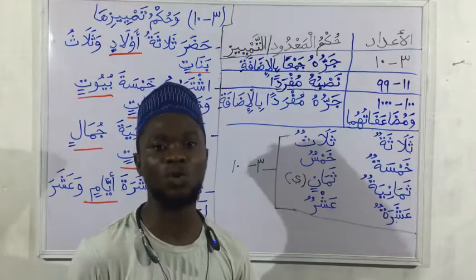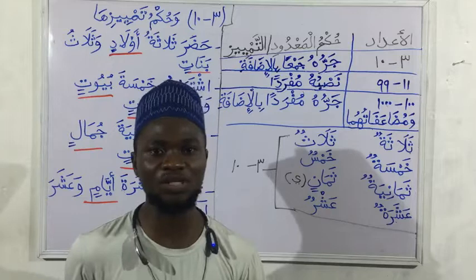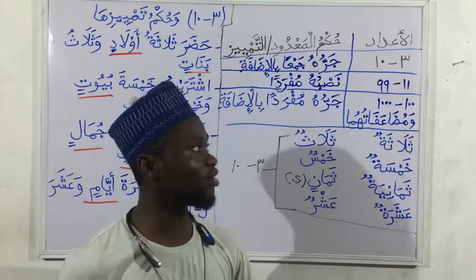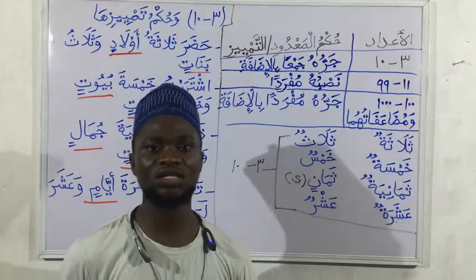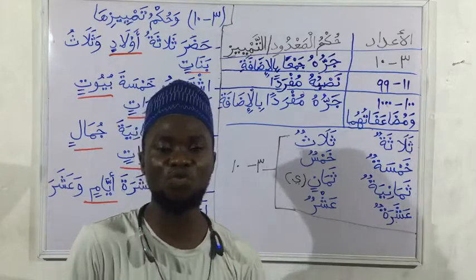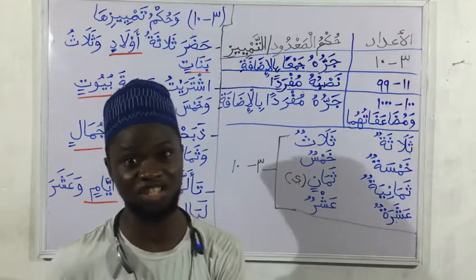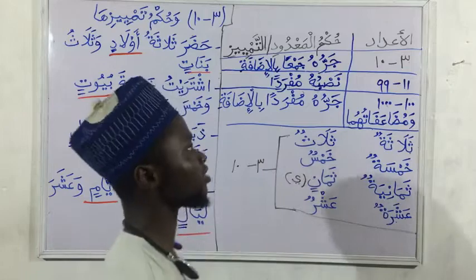You say mi'atu waladin instead of mi'atu awladin. So when you hear someone say mi'atu awladin, you know the person is wrong. From 11 upward, the noun we are quantifying will be in singular form, not in plural form as expected from English. So this is different. You have to take note of that.